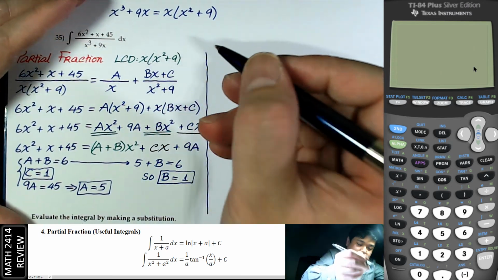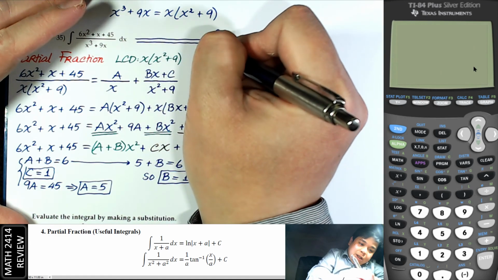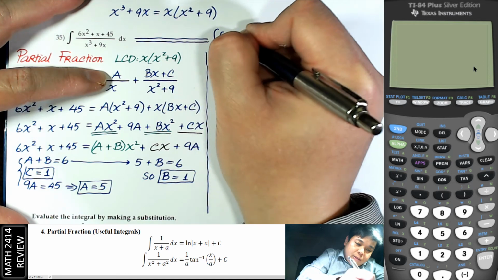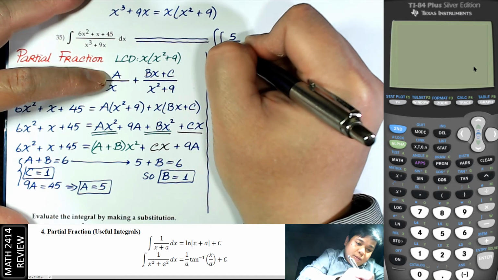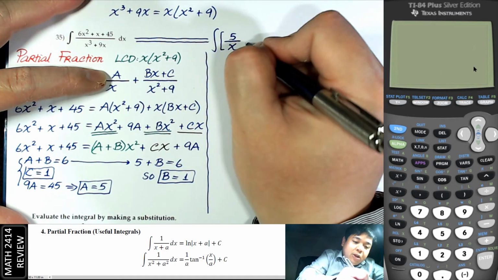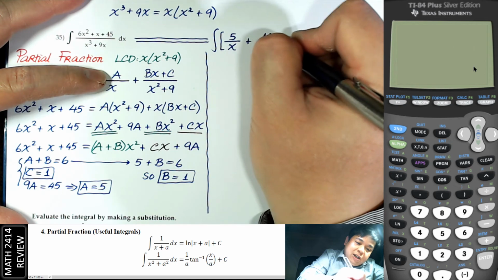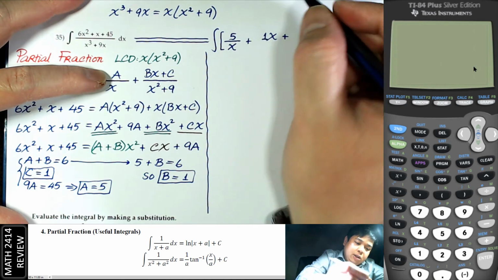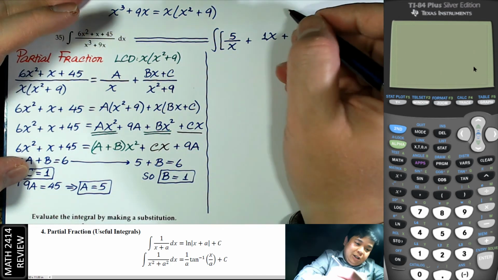Right, so that integral is equal to a is 5, and bx, b is 1, and c is 1.